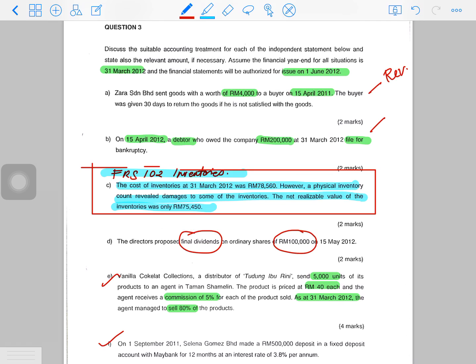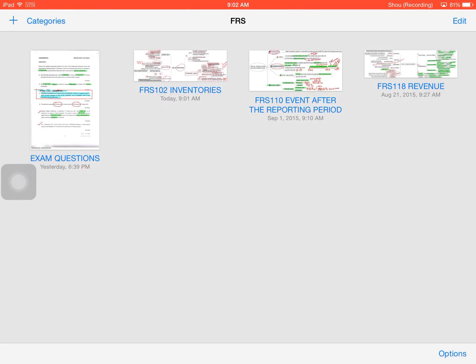This question we have seen is events after the balance sheet date. Events after the balance sheet date, FRS 110. FRS 118 revenue. Okay.